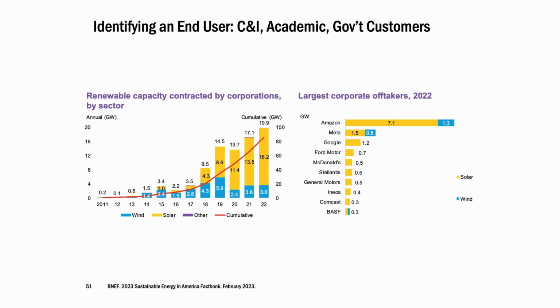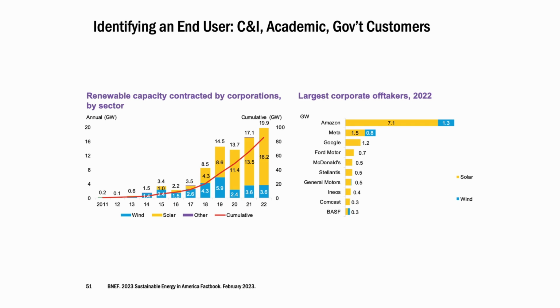Another potential buyer are big corporates and other individual utility customers that have aggressive renewable energy targets and big demand. So those non-utility customers like Facebook, Google, Stanford, federal and local governments too are increasingly procuring renewable energy directly.